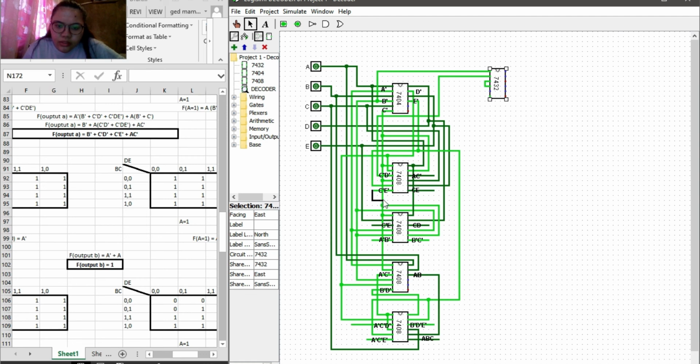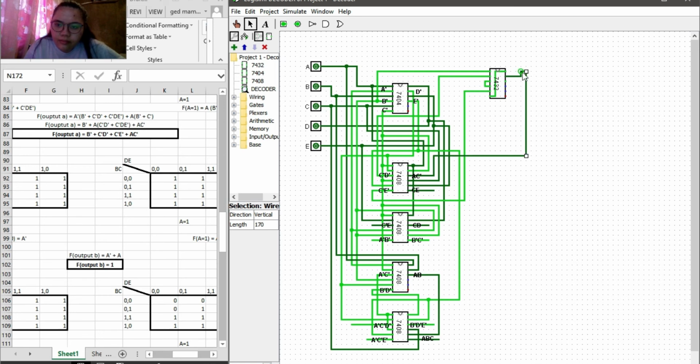Oops, I need to be very careful. And this, or A and C. The output of this is our output A.